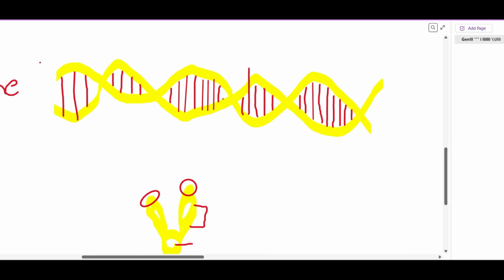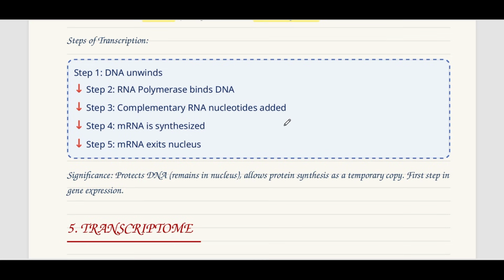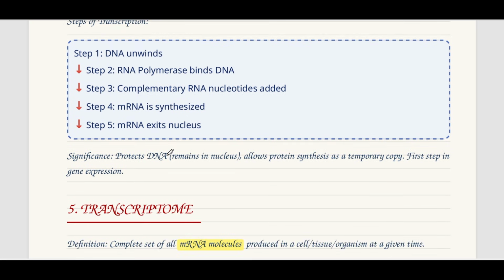When we need to synthesize the protein, it acts like a single strand. The breakage of the nucleotide bases happens, and this forms a single stranded RNA. This is transcription, and in this process the RNA polymerase enzyme helps.